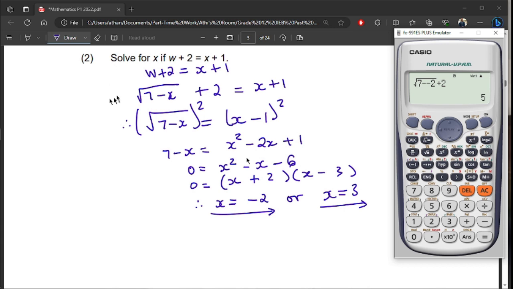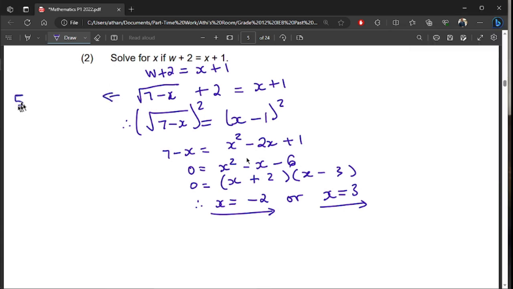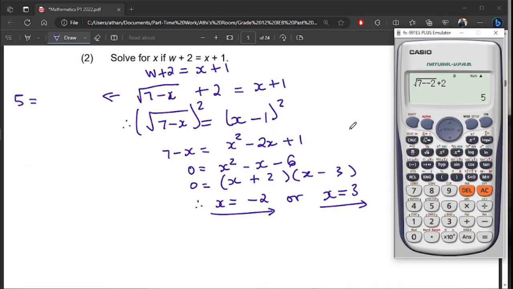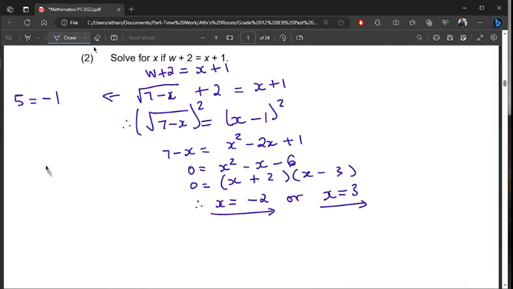So keep in mind I used this one, and we got 5 on the left hand side, and let's see if we're gonna get 5 on the right hand side as well. So it's minus 2 plus 1, which is negative 1. These two are not equal. That simply means that the value of negative 2 is not a value of x in our case.